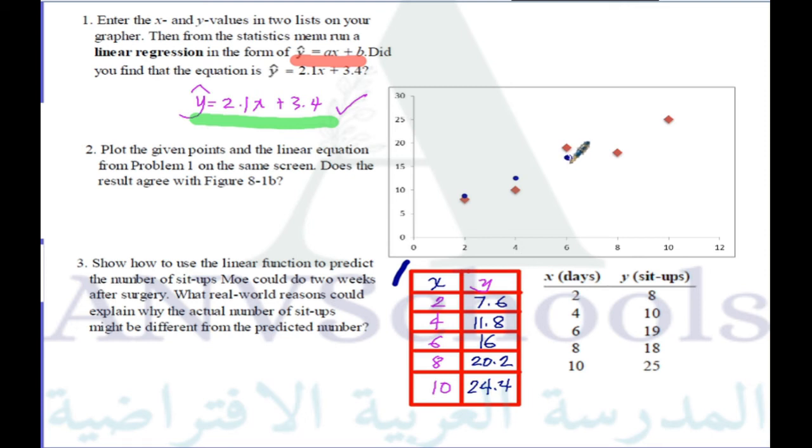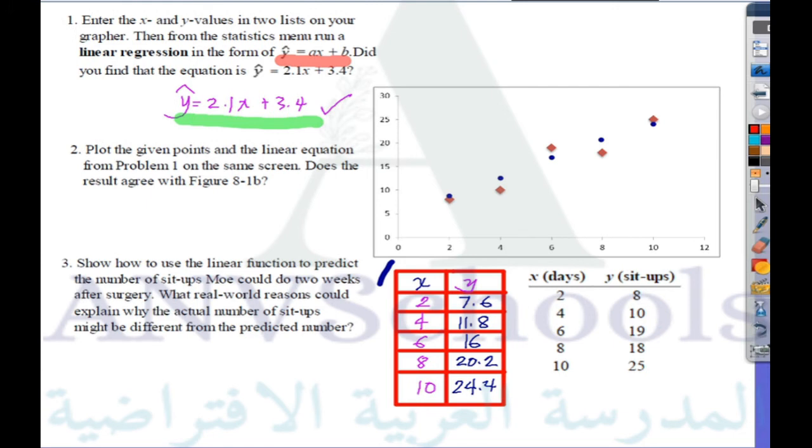Okay. If it's 8, it's 20.2. So 8, 20.2, it's somewhere here. And then we have 10, 24.4, so it's here. Okay, and then running a line through these points, this is what it looks like.